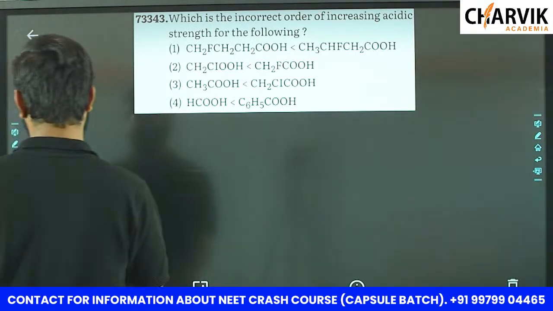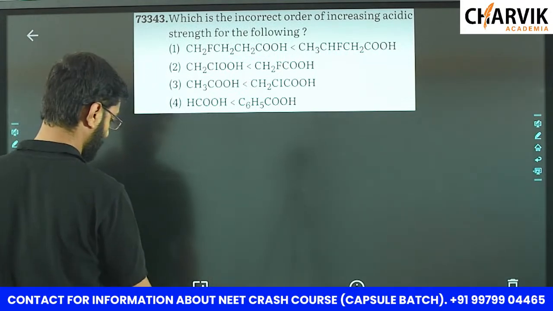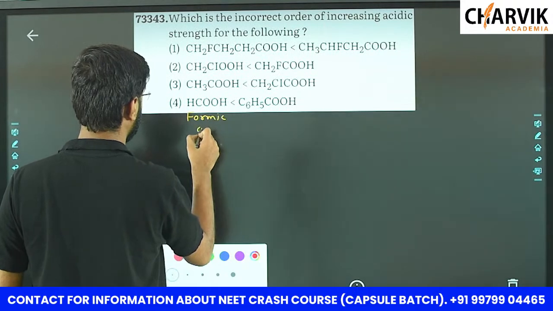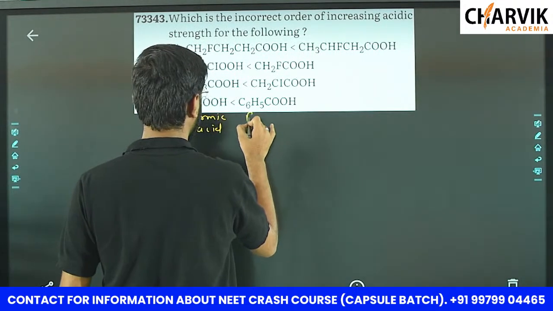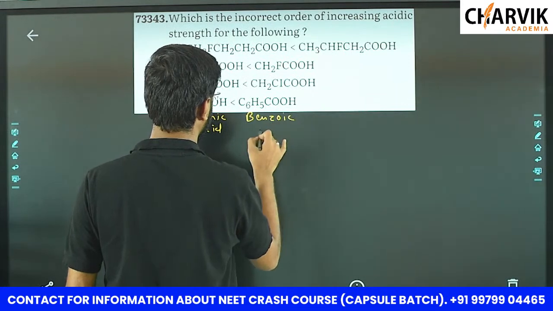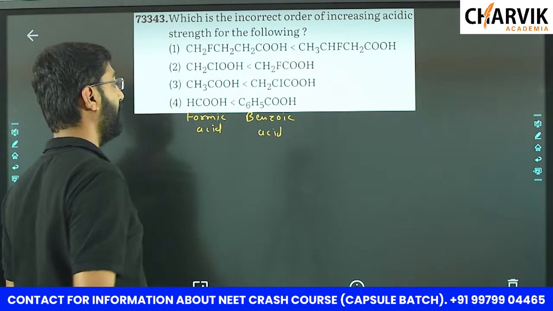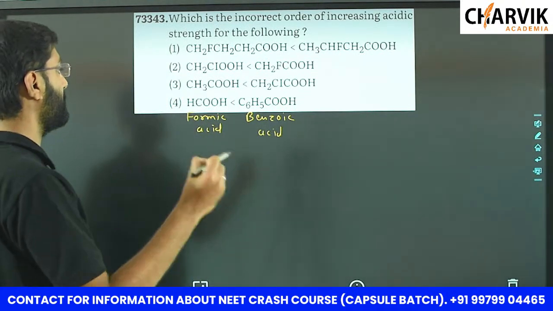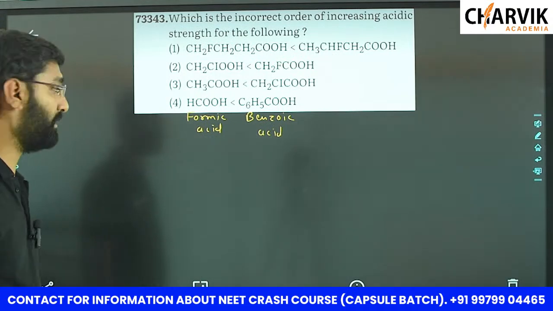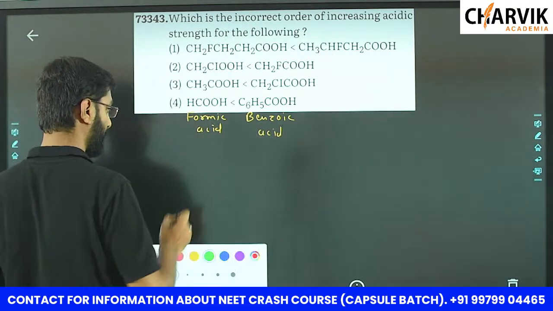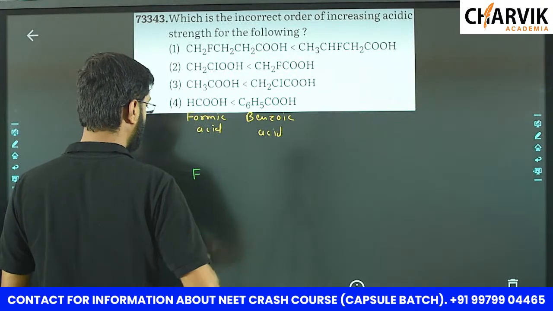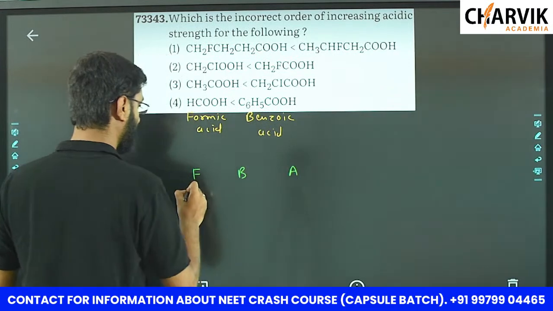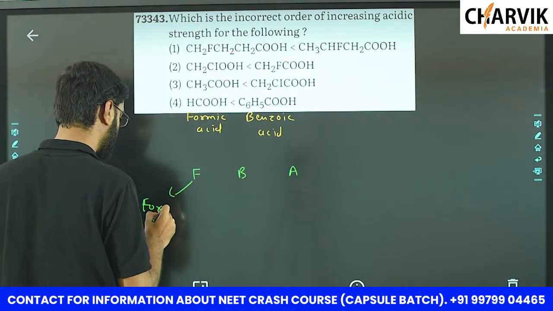Okay, now see guys, this is formic acid and this is your benzoic acid, right? Now, formic acid is more acidic than benzoic acid. You must remember FBA. What is F? Formic acid.